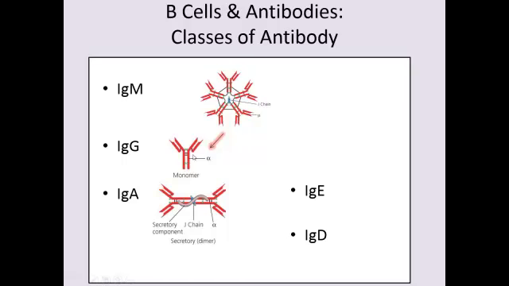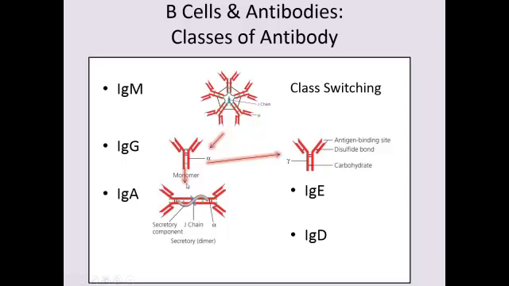Now, sometimes a cell that is making IgG will class switch again, and it will either switch to making IgA or IgE, which is also a monomer. IgA is a dimer, and it's also connected by a J chain, just not as extensive as for the IgM. IgA is found in secretions.